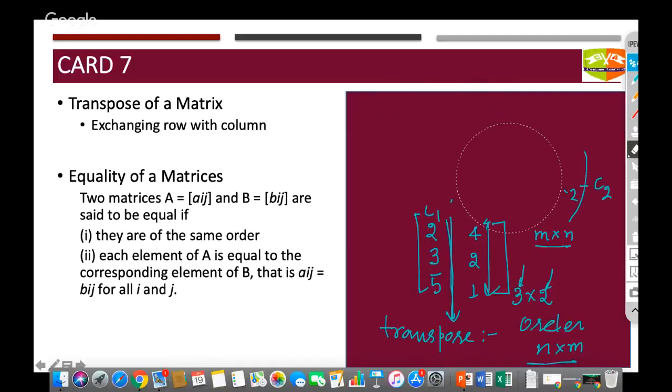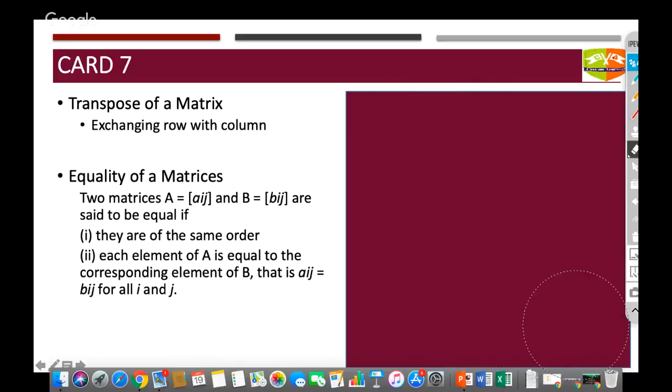Now let me go to equality of a matrix, and I have written a few conditions in the PPT itself. First of all, if two matrices are to be equal, they have to be of the same order. So I am writing a matrix A which has order m into n, and a matrix B which has order m into n, then only the two matrices A and B can be equal.